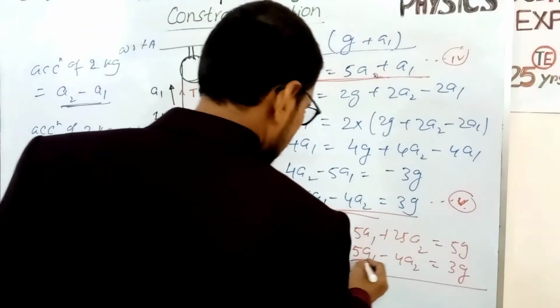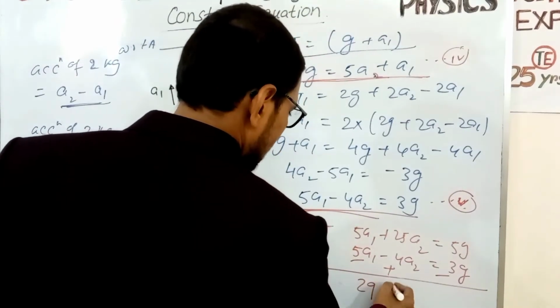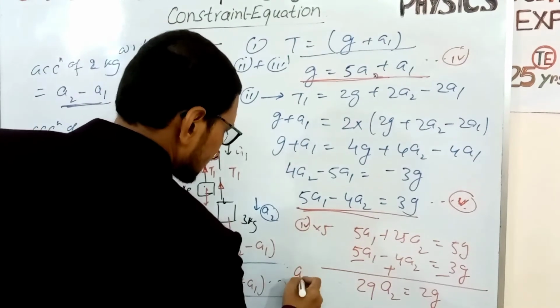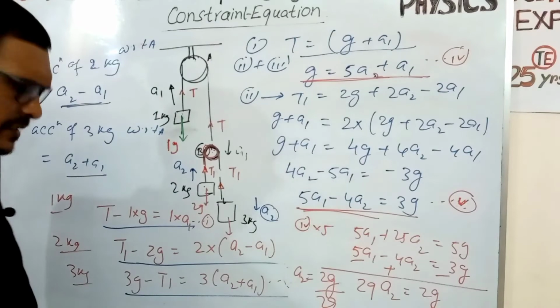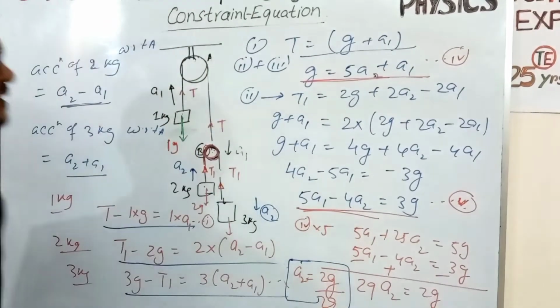If we subtract, we get 29a2 equals 2G. So a2 equals 2G by 29.